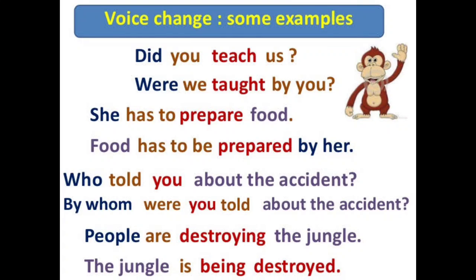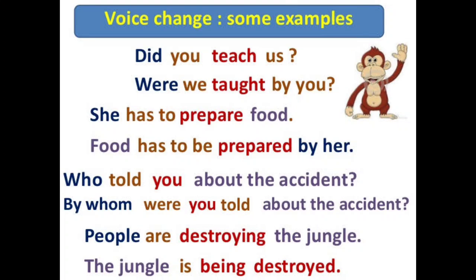Look at the next sentence. She has to prepare food. The food has to be prepared by her. Next sentence. Who told you about the accident? Here, as we are starting with the question who, it should be changed as by whom. So, by whom were you told about the accident?